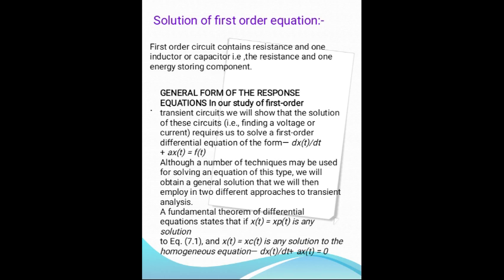The general form of the response equations: in our study of first order transient circuits, we will show that the solution of these circuits, that is finding a voltage or current, requires us to solve a first order differential equation of the form dx/dt + ax(t) = f(t).